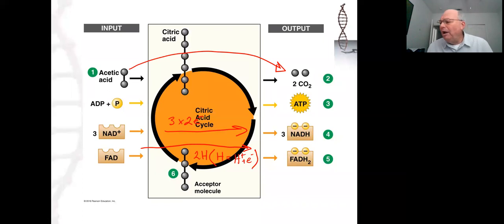So when we add hydrogens to FAD to give FADH2, what we have is the equivalent of 2 electrons in the FADH2. And those are electrons that we can also process. So when we think in terms of the citric acid cycle, we've got chemically in the acetic acid, and we've got 2 of those coming in.